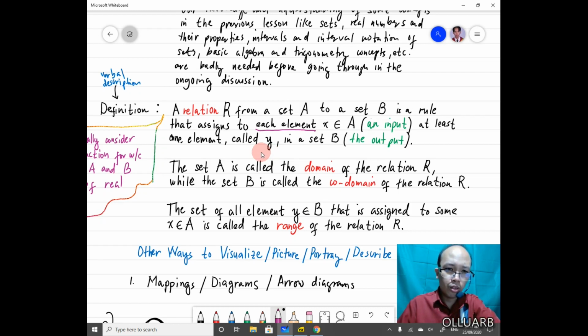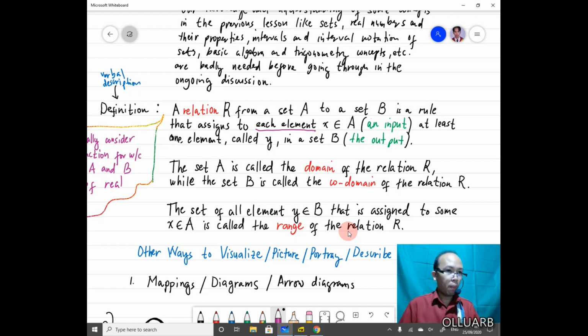Maybe it is because the definition is written in the English language, or maybe it is very abstract in form, or maybe students lose interest in studying mathematics because it is math.